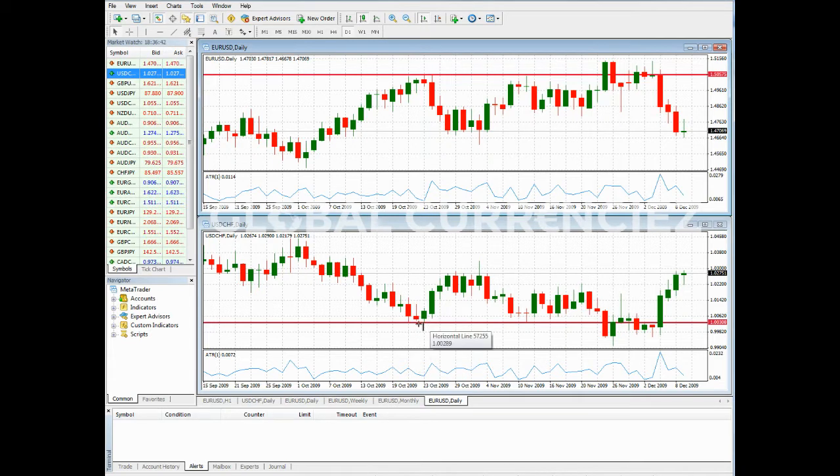And looking at these types of prices and levels gives you a lot of insight into things which may happen at some point in the future.